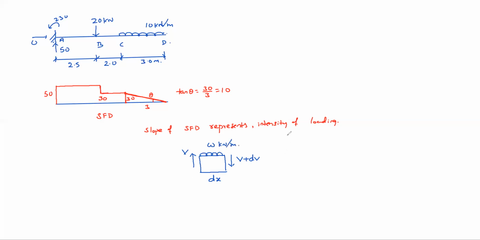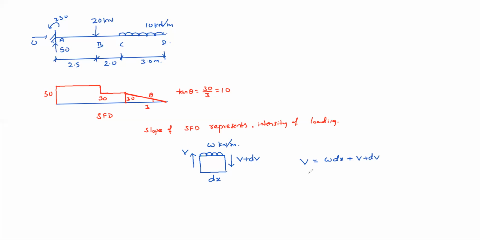If you apply the equilibrium conditions, upward load is V, equal to downward, which is W dx plus V plus dV.